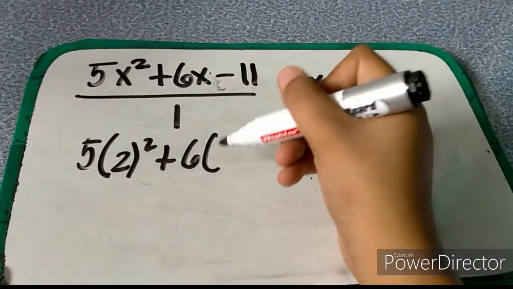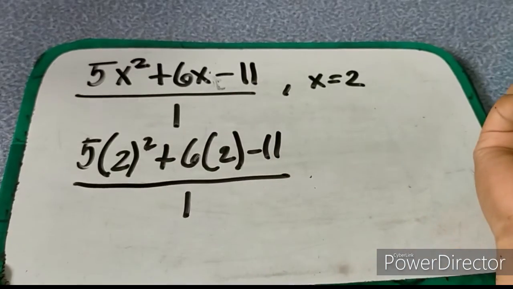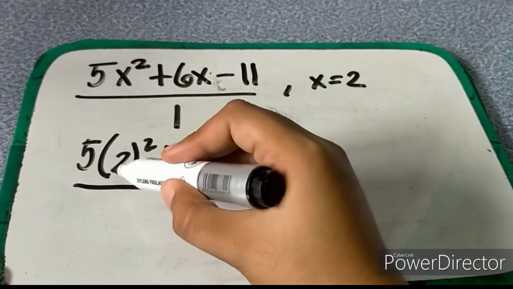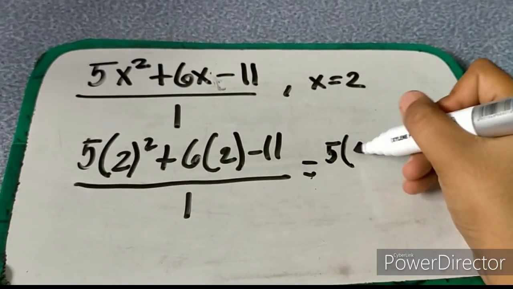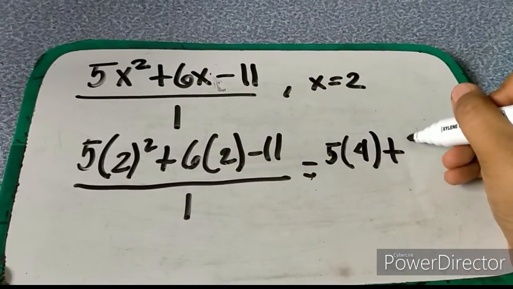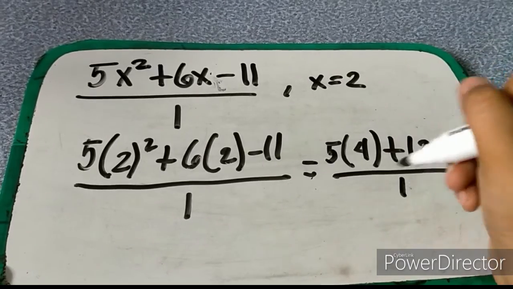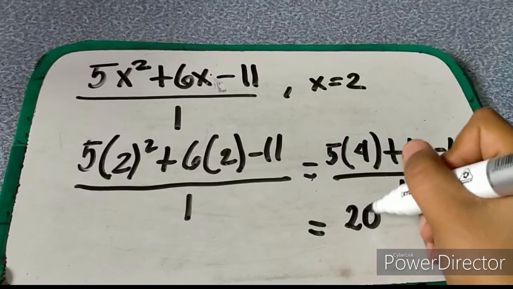The value of x again is 2 minus 11 over what? So we have 5. 2 squared is 4, correct? Plus 6 times 2 is 12 minus 11 over 1. 5 times 4, correct? It is 20.